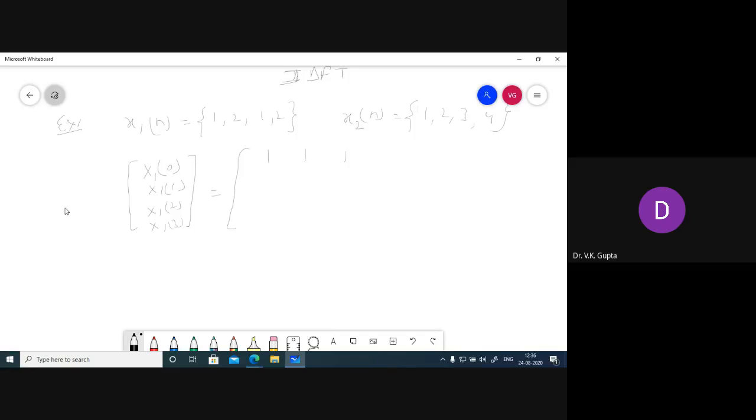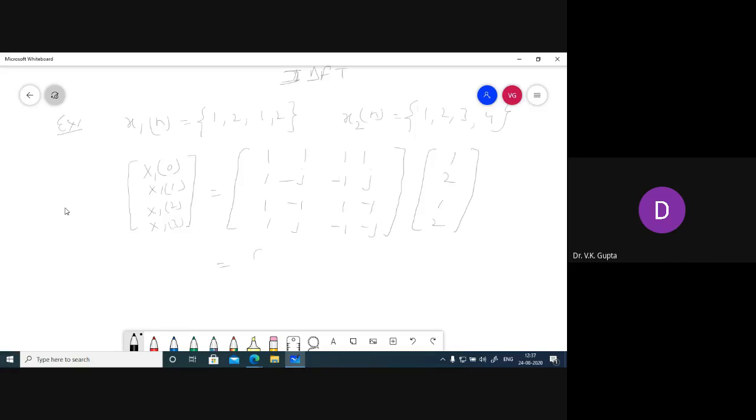W4 will be 1 1 1 1, we have already found this, 1 minus j minus 1 j, then 1 minus 1 1 minus 1, then the fourth row 1 j minus 1 minus j, then put the input 1 2 1 2. Multiplication of these two provides X1(k).